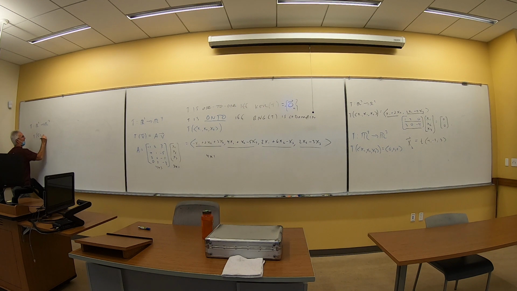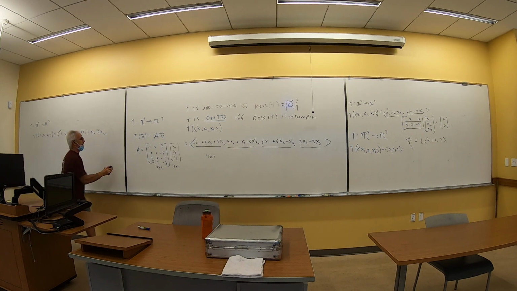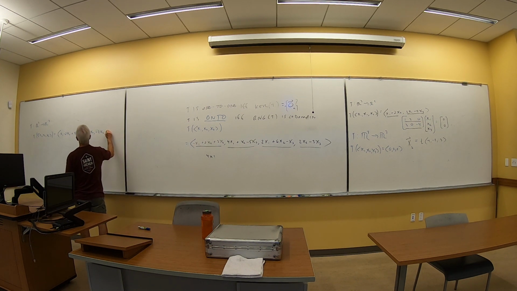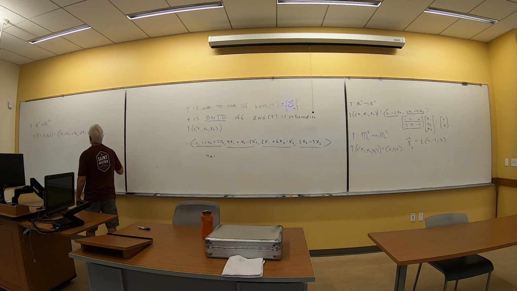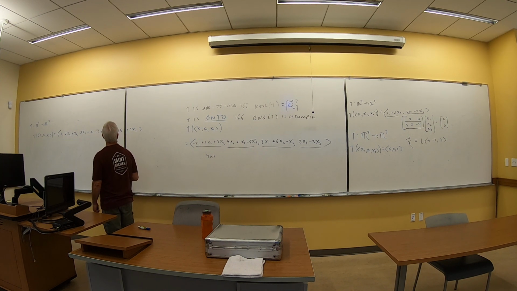T is going to take x1, x2, x3 and produce x1 minus 2x2 plus x3, 2x1 plus x2 minus 2x3, and let's say negative x1, negative 3x2 and plus 3x3. Okay?